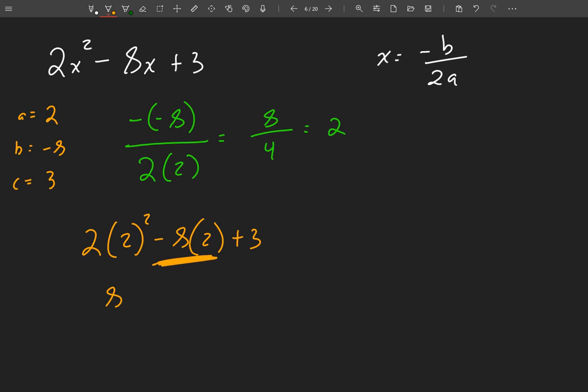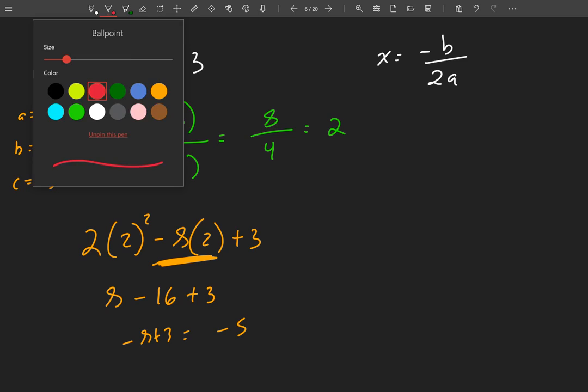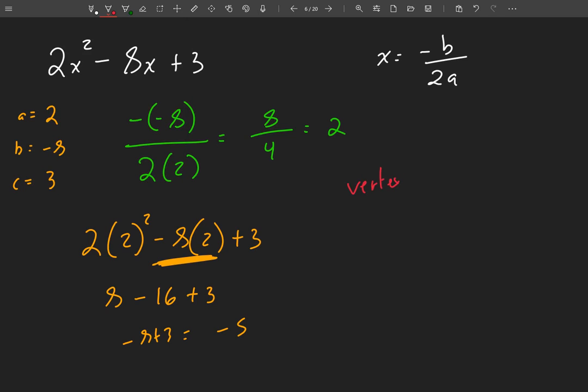This is -8 times +2, which is -16. Then I write down -16, then plus 3. Now that's going to be -16 plus 3, which is -13. So my vertex is going to be 2, -5. Very simple.